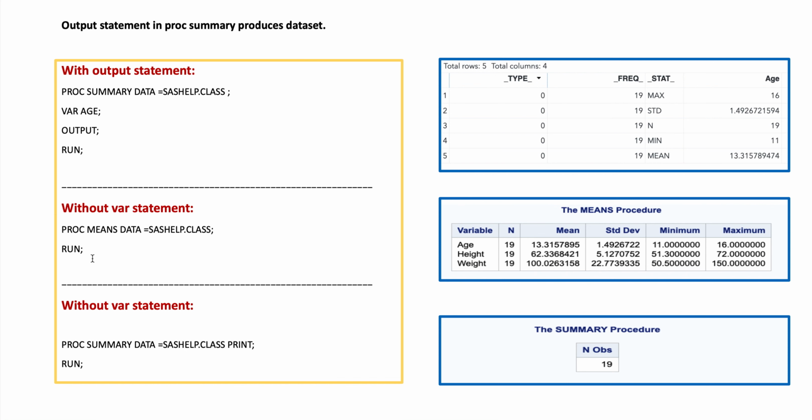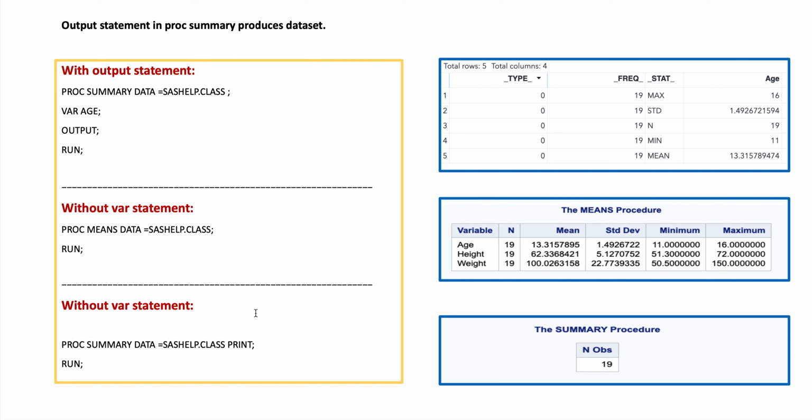When we run this fourth set of code, the result is as shown in the second table on the right side. In the variable section, it has 3 variables: age, height, and weight. These 3 variables are numeric variables in the class dataset. That's why by default it produces statistics of all numeric variables.